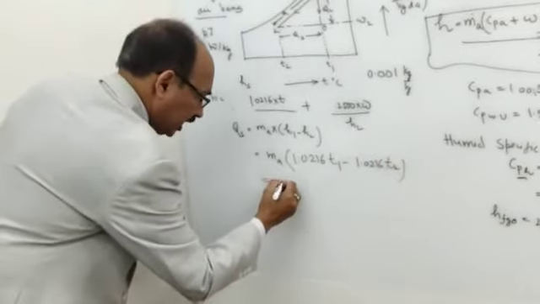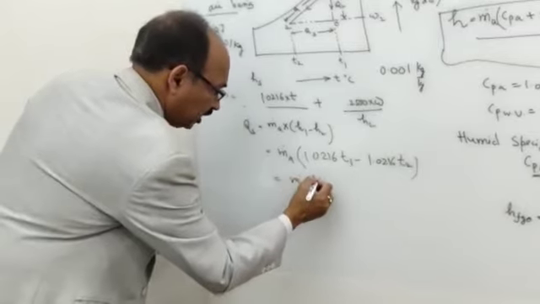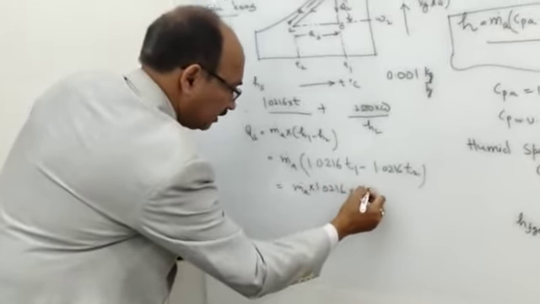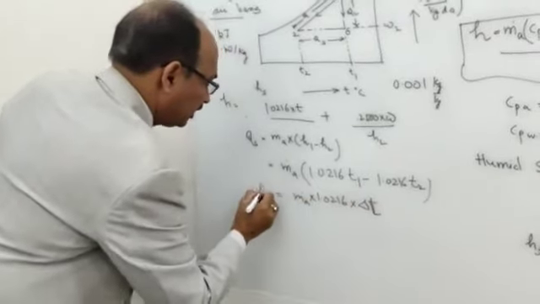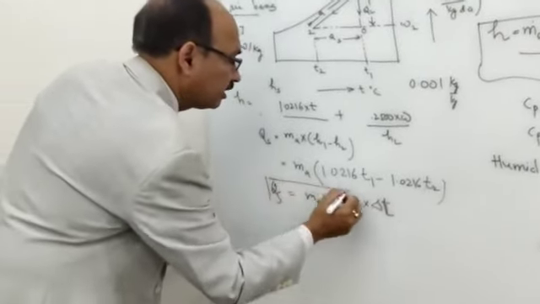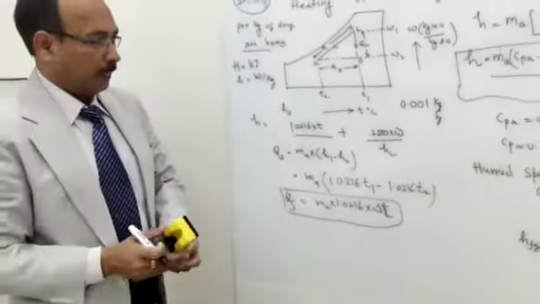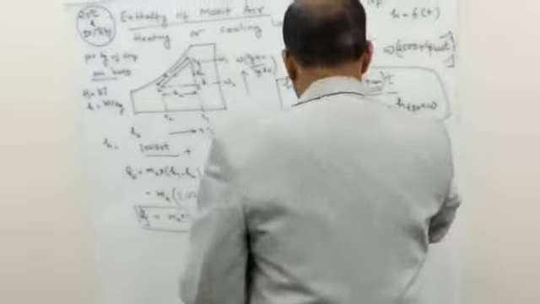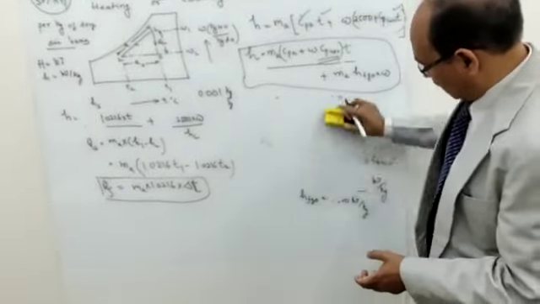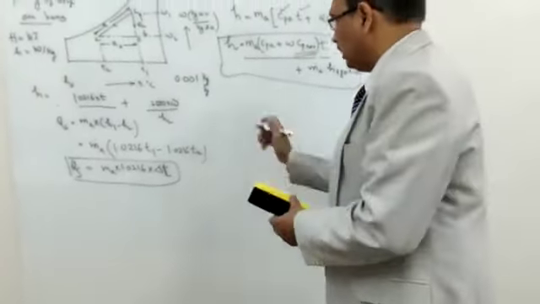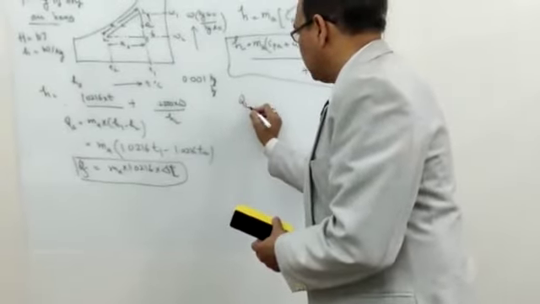So mass flow rate into 1.0216 into delta T is our sensible heat load. Similarly, we can find the latent heat load, QL.